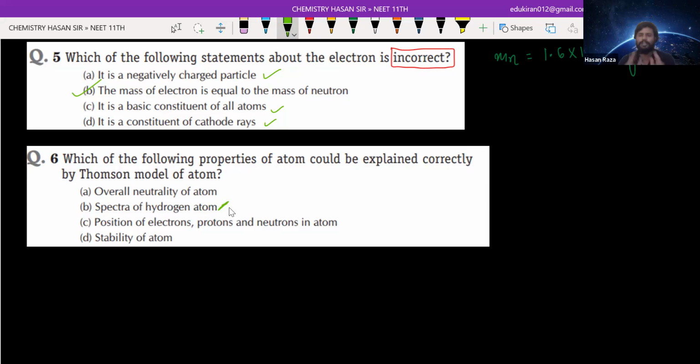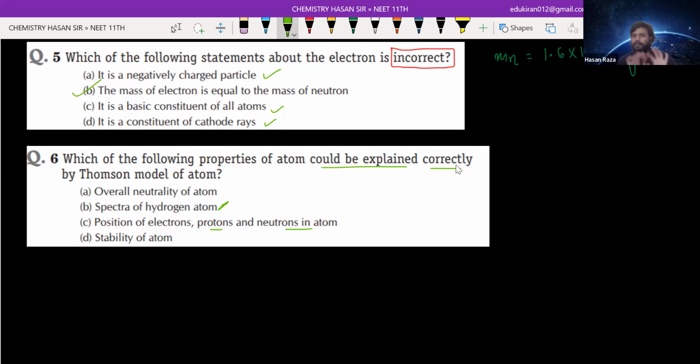J.J. Thomson was the first model of an atom, right? Yes, sir. And then comes your Rutherford experiment, and after that comes your Bohr's model, which was most successful. Apart from that, the position of electron, proton, and neutron was not explained by Thomson. He told us that the atom is just like a watermelon.